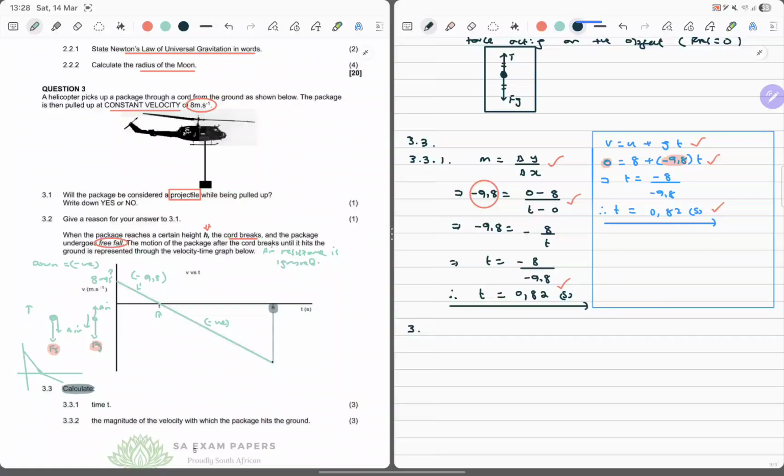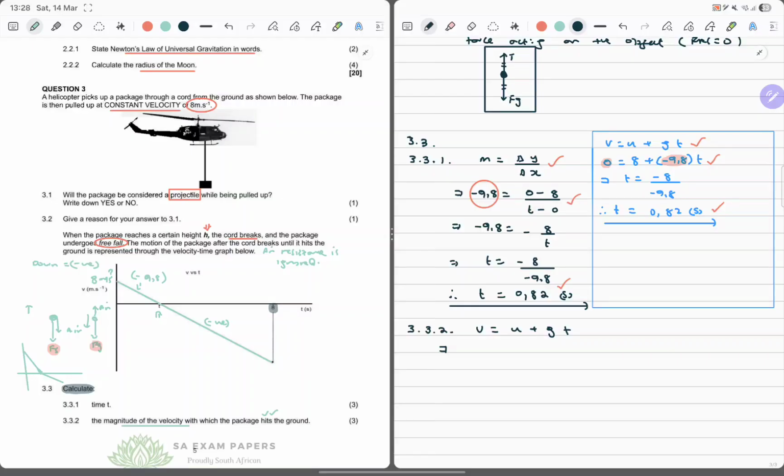So 3.3.2. We now have to find the magnitude of the velocity with which the package hits the ground. This is very easy. We know that the final velocity equals the initial velocity plus gt. Can you see how clean this thing is, instead of these ugly and dirty subscript-filled equations you guys have?